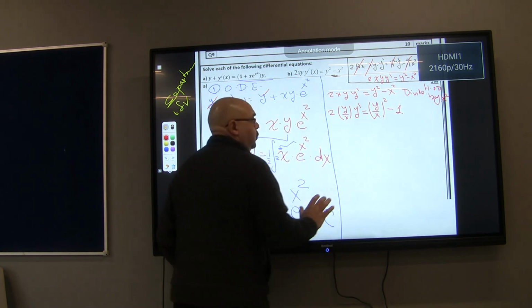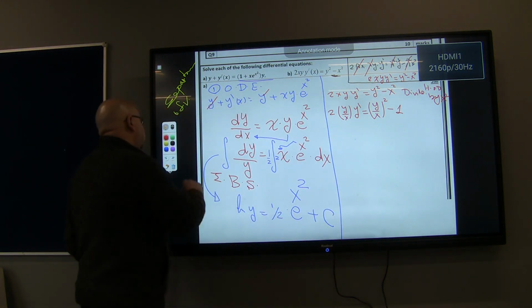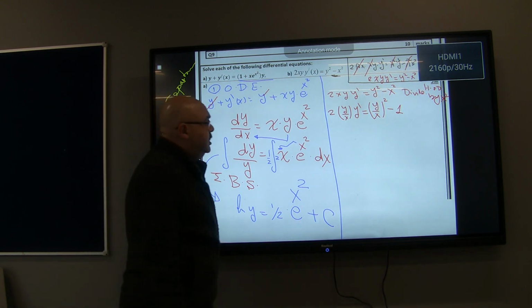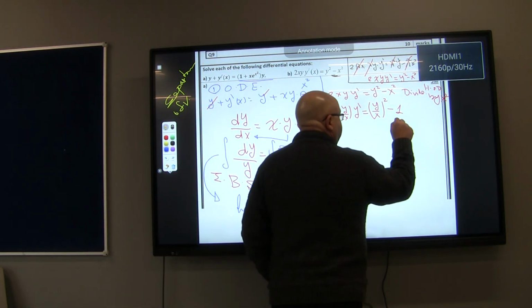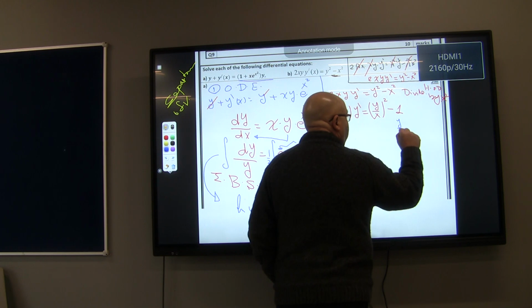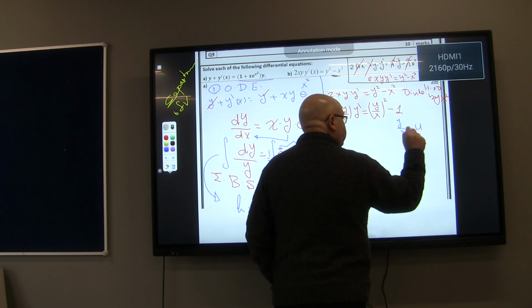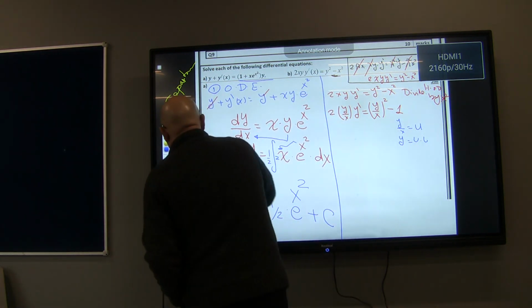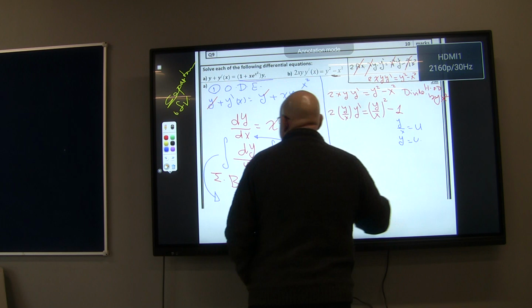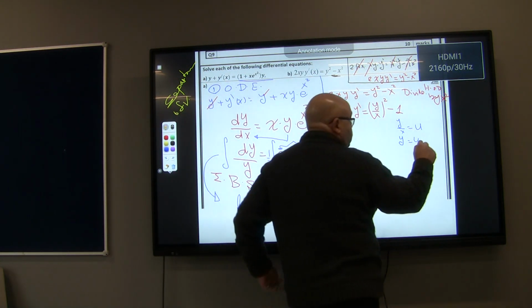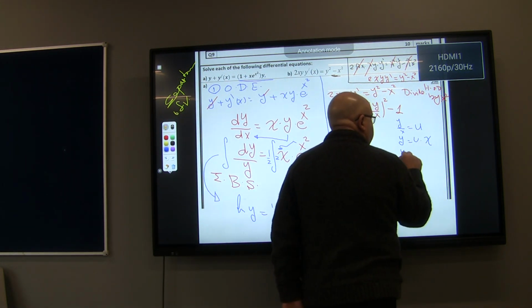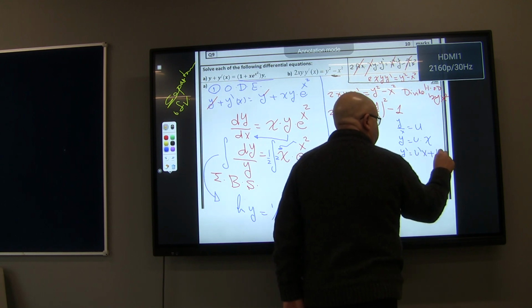And on this form, we can start thinking about the assumption of letting y over x equal u, and this way y will equal u times x, and y dash will equal u dash x plus u.